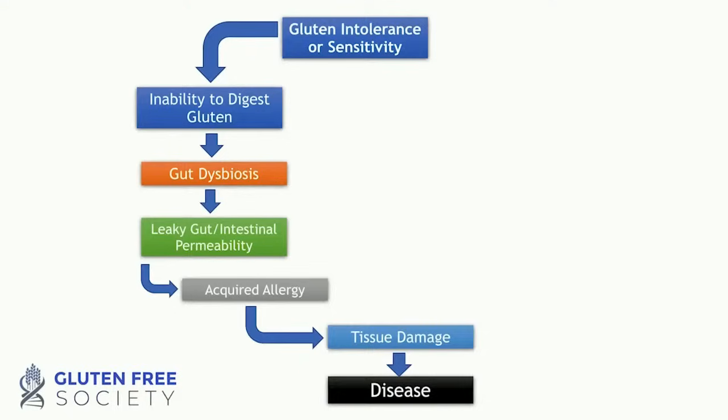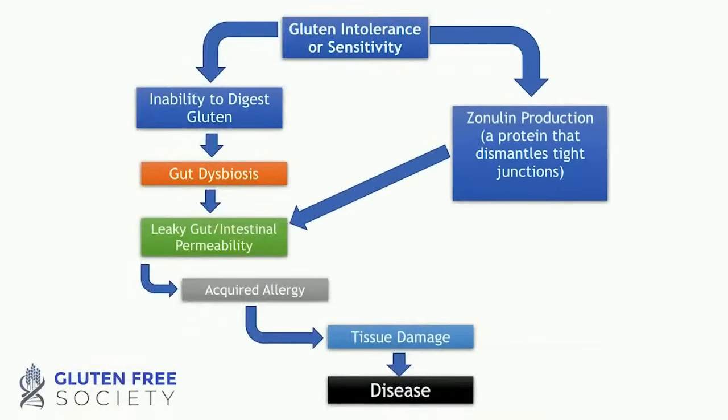But then with gluten intolerance or gluten sensitivity, we have something else that we've found to be true and that has been measured in scientific studies: gluten can damage the gut. I actually did an interview with the researcher who discovered this; if you want to go check it out, it's at glutenfreesociety.org.